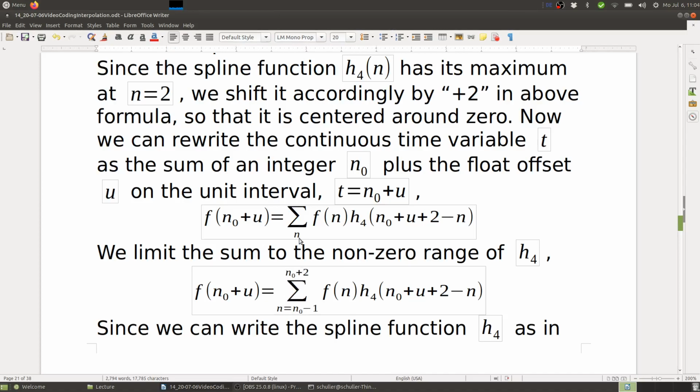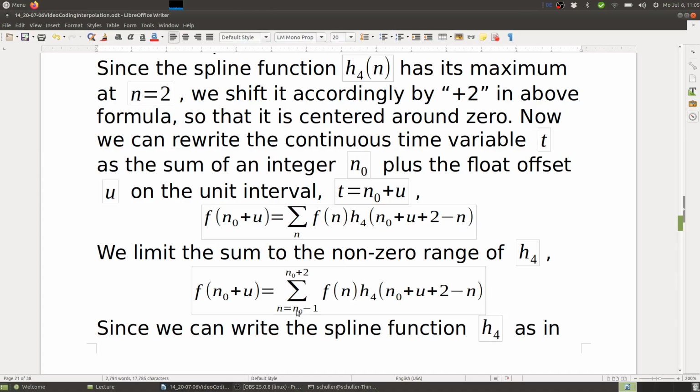So the n is not going over all possible n's, but only goes from n equals n naught minus 1. So this would be the beginning of the first interval, up to n naught plus 2. So that would be the end of the spline function here, if we also have this u going from 0 to 1. So you can see it here.